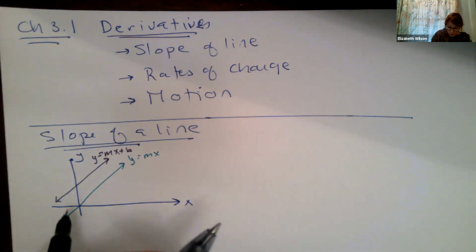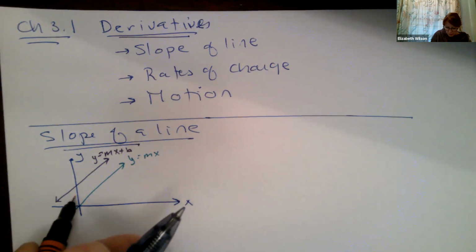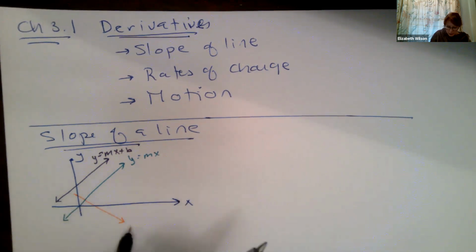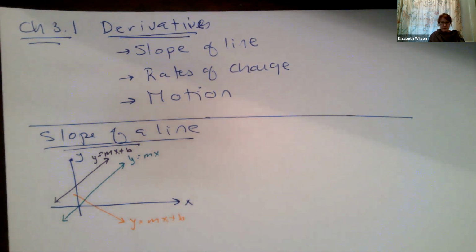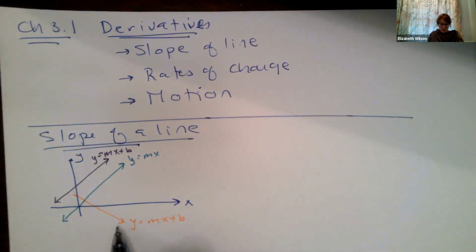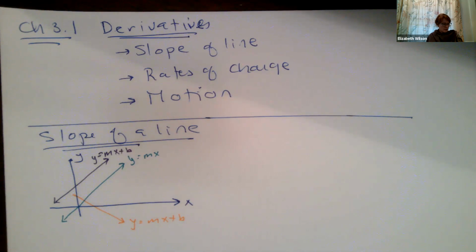It could be passing down like, here's my other line. Here's also y equals mx plus b, right? In this case my slope is negative, and the other slopes are positive. So the slope is going to tell us stuff about this line.